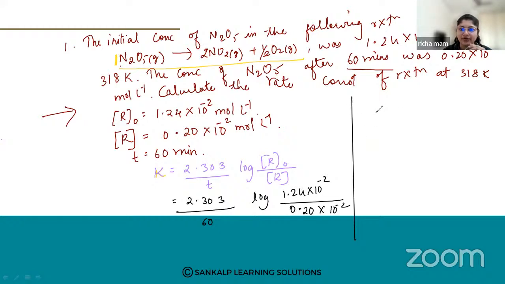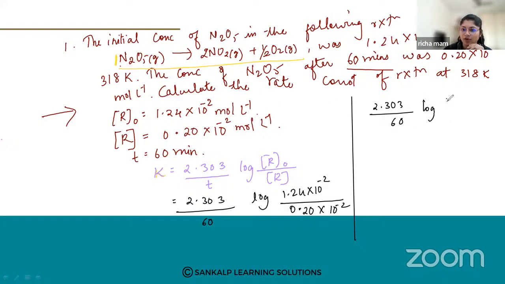Yes, what have you got, just see. So 2.303 by 60, and log of 1.24 divided by 0.20.